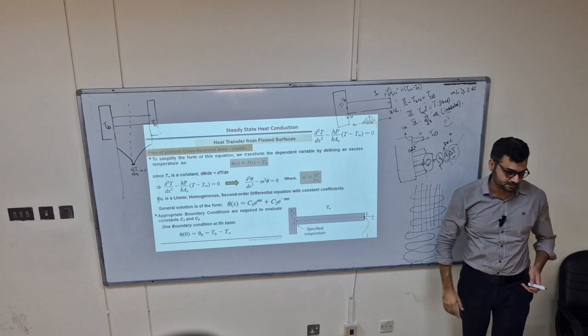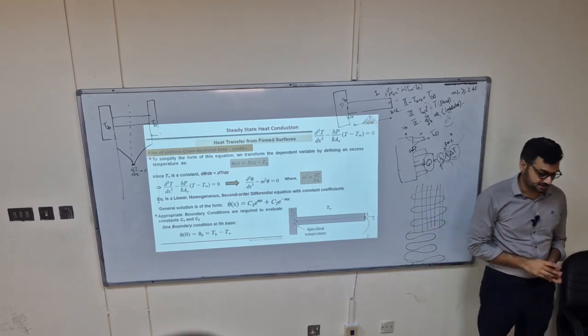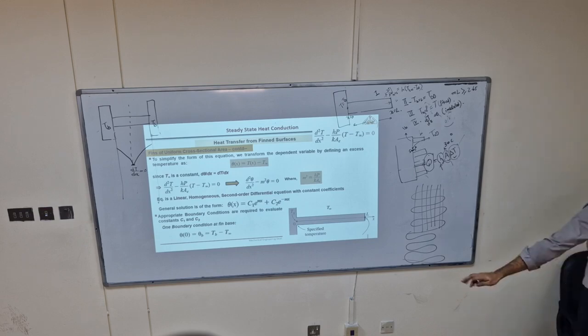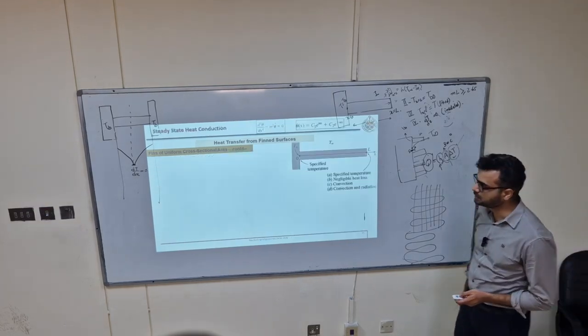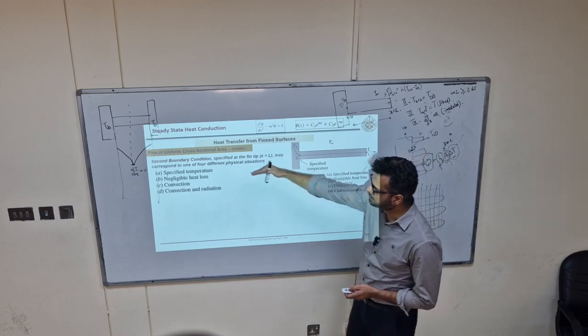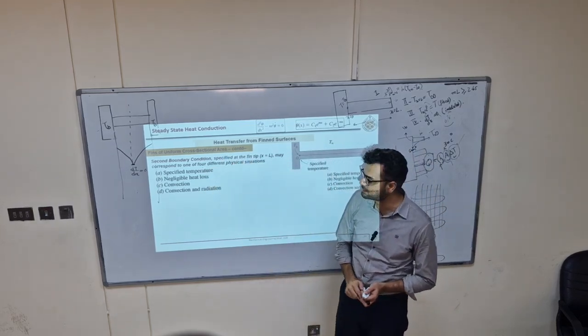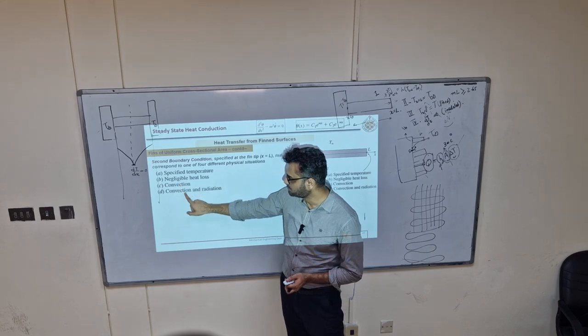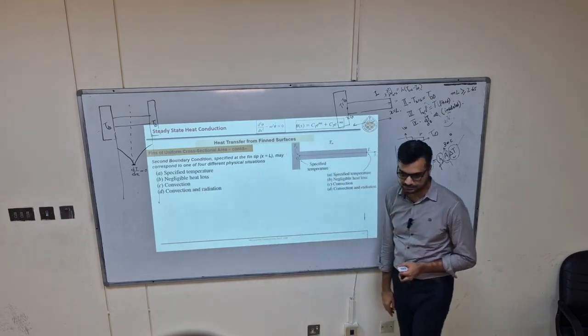You can have four different solutions for the same equation, and for constant cross-section area. Everything we are doing so far is for constant cross-sectional area fin. The second boundary condition may have these four different possibilities. We are considering convection. We are not considering convection and radiation both.